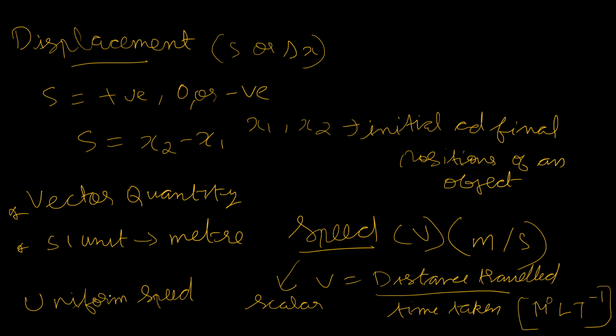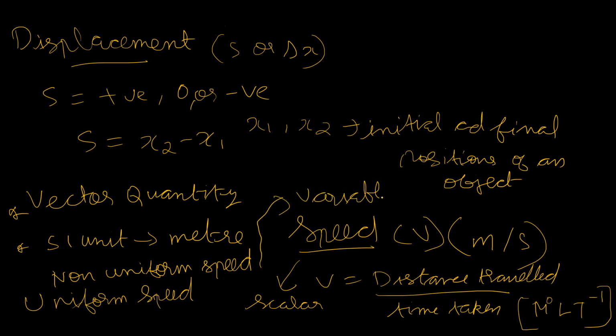Non-uniform speed means an object covers unequal distances in equal intervals of time, and vice versa, that is, equal distances in unequal intervals of time. Then its speed is called non-uniform speed or variable speed.